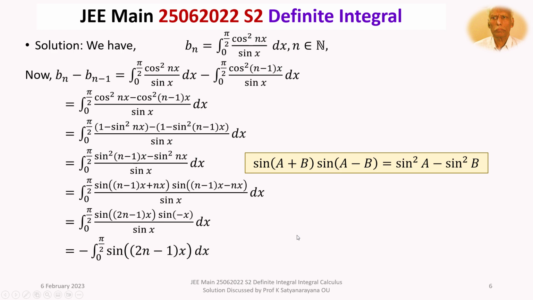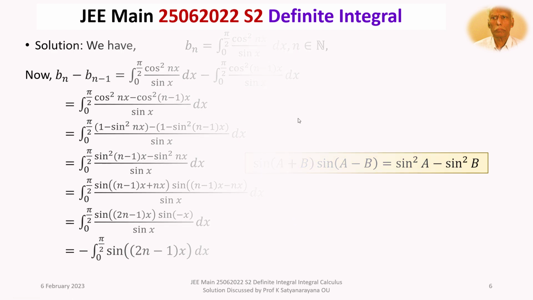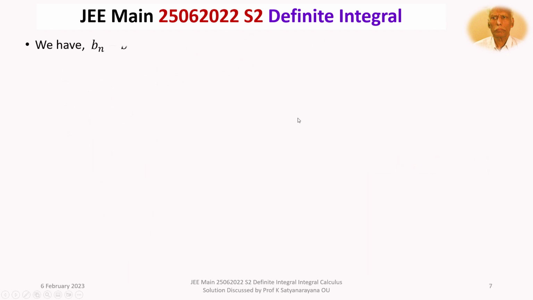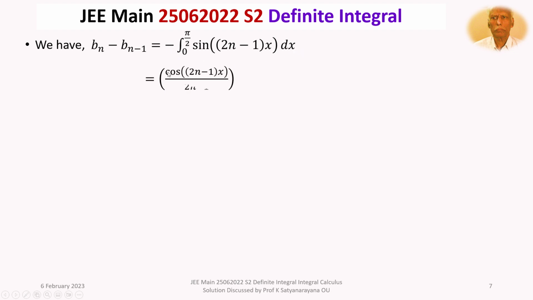We continue in the next slide. We have bn minus bn minus 1 equal to what we have seen in the earlier slide, minus the integral 0 to pi by 2 of sin of 2n minus 1 times x with respect to x. Integrating, the integral is minus cos x, and there is a minus already there, so that is cos of 2n minus 1 x by 2n minus 1, to be evaluated from x equal to 0 to x equal to pi by 2.